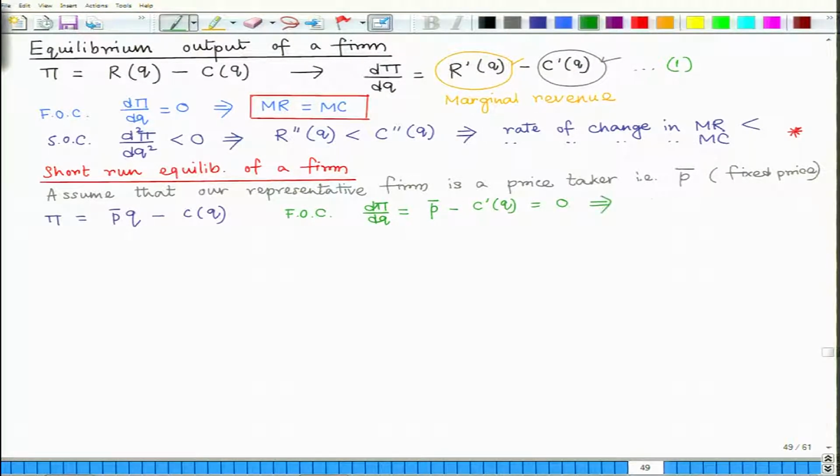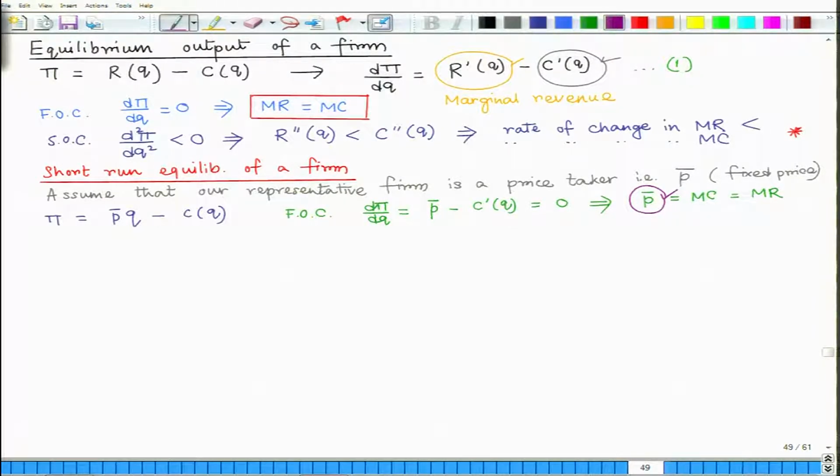So finally we get P equal to marginal cost. But note that this is also equal to marginal revenue, because here the competitive firm is selling each and every unit of output it produces at a fixed price P bar. So the additional revenue it earns by selling an additional unit of output is P bar. That is basically equal to marginal revenue.